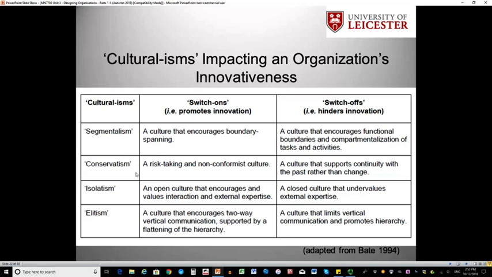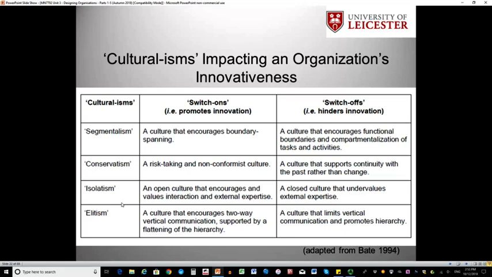In relation to the dimension of conservatism, unsurprisingly, organisations that are risk-taking and non-conformist and open to change are more likely to have organisational cultures that switch on and promote innovation. And those cultures that support continuity with the past rather than focusing on and allowing and supporting change are more likely to hinder innovation.